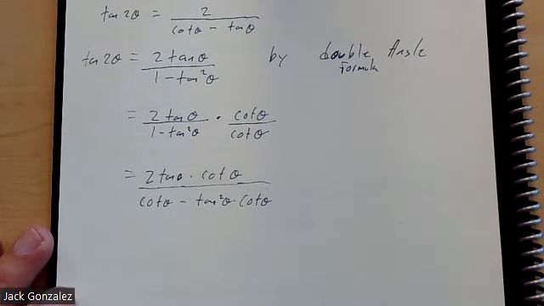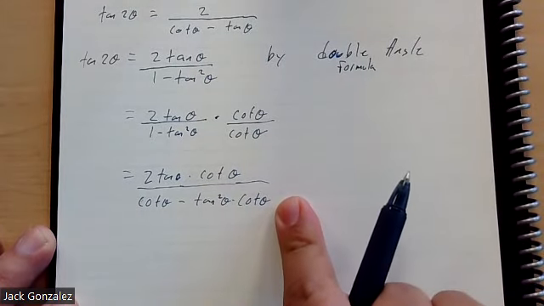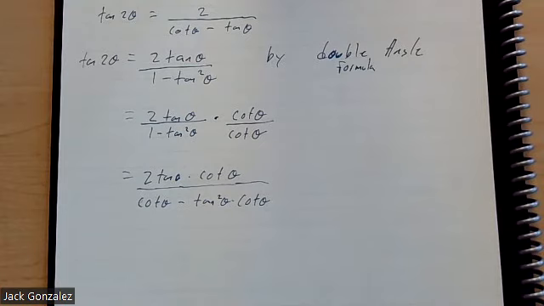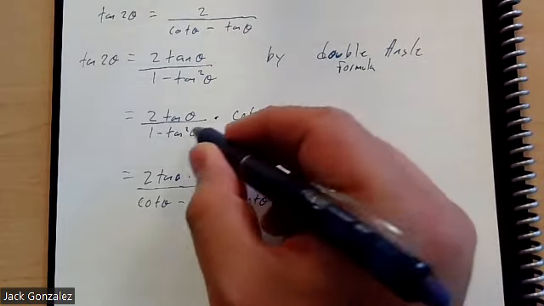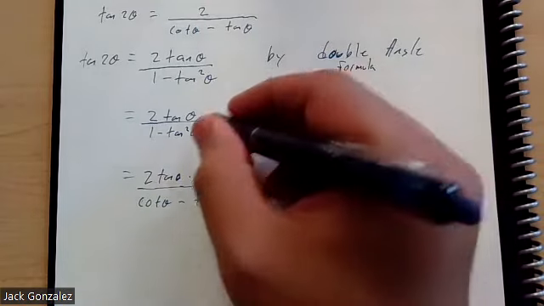You guys see the distribution? This is clear from here to here? Let me know if it's not. There's two at the bottom, because you're gonna have to distribute it to both. So picture like a parentheses here, right?